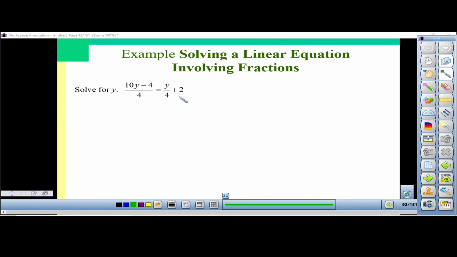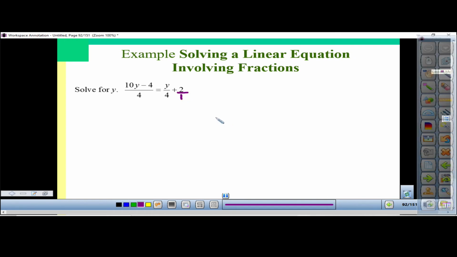And by the way, I could also make this 2 a 2 over 1, right? It's a real number, so you can make it a fraction. So basically, I am spotting a common denominator. I'm spotting the 4 and the 4 and the 1. And I want to find a container big enough to contain the 4s and the 1 with no leftover.